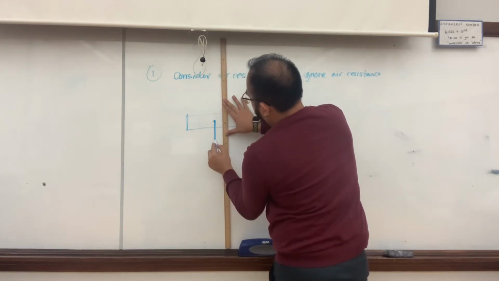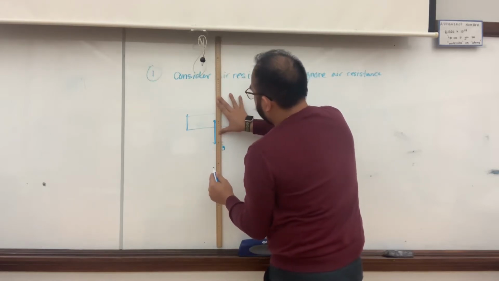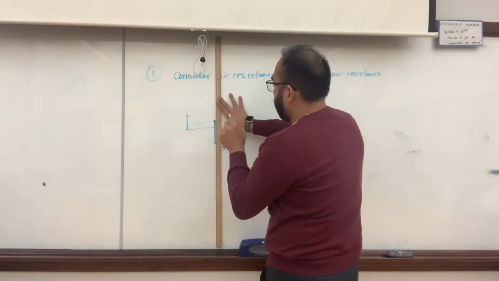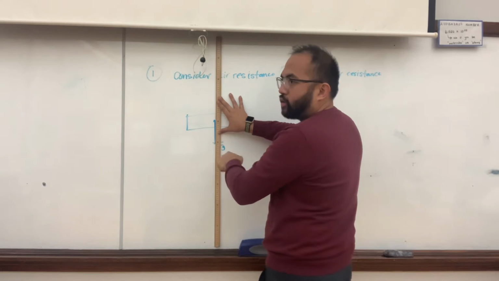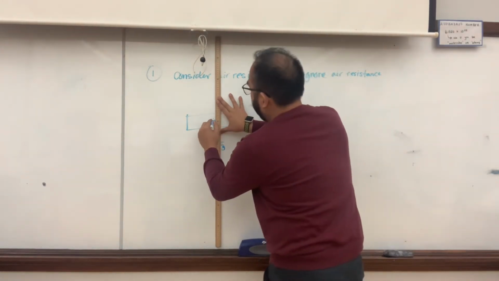Let's say that's my force of gravity. Let's say that both of these will be moving at a constant velocity. So that means that my air resistance needs to be the same length. So the vector for air resistance needs to be the same length as the vector of the force of gravity if it is moving at a constant velocity.